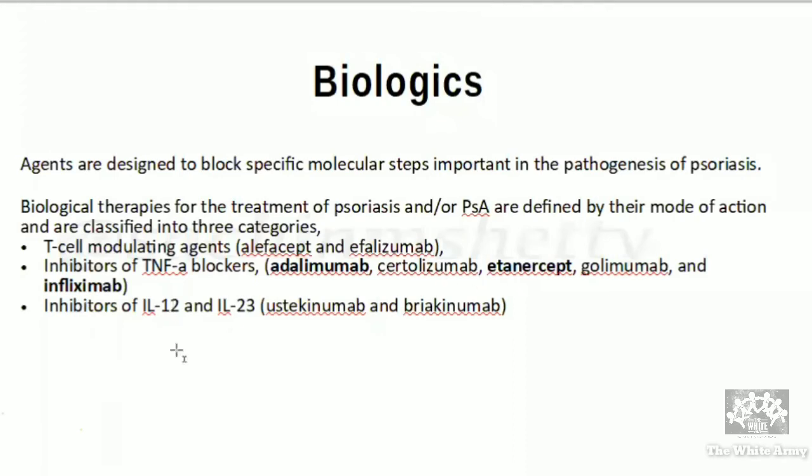These are the most important and most commonly used. One of the complications, especially in India, is that these TNF alpha blockers reactivate latent TB infection. So you should be very careful about that, right?